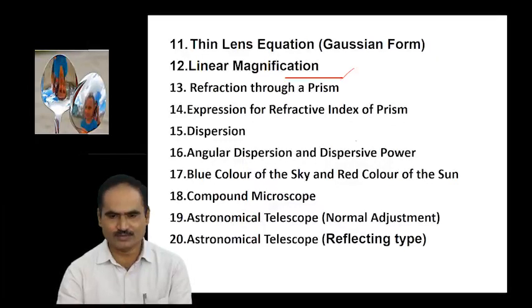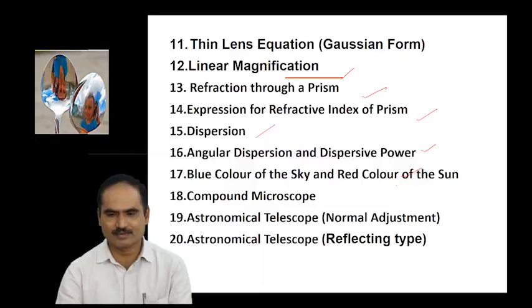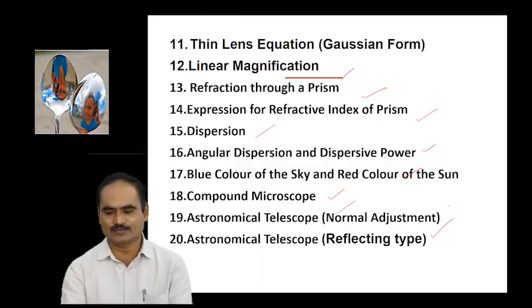Then refraction through a prism, expression of refractive index of a prism, then dispersion of light, angular dispersion and dispersive power, then the blue color of the sky and the red color of the sun in the morning and evening, then the compound microscope, then the astronomical telescope, and a reflecting type telescope, which is called the Cassegrain reflecting type telescope.